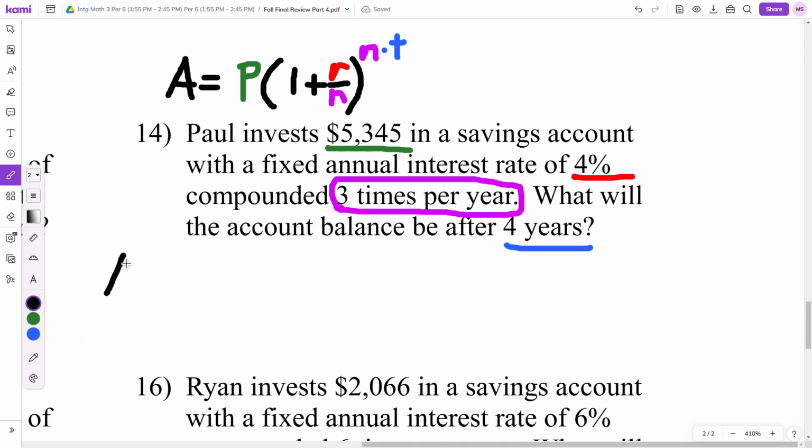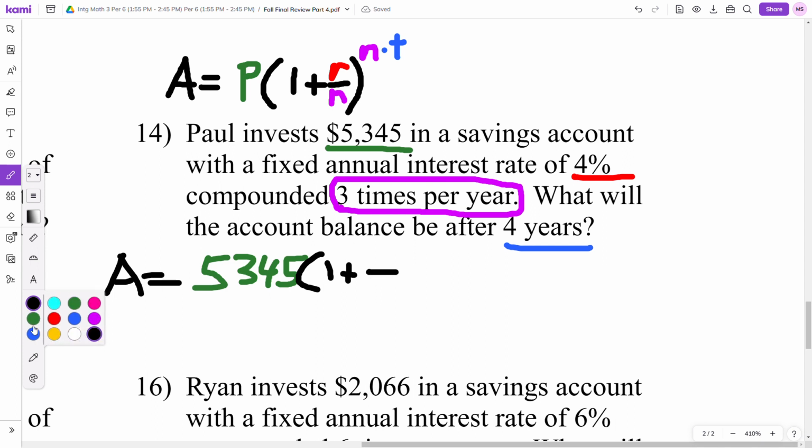We have A equals P, which is 5,345, times 1 plus R. R is, of course, 0.04 because it's 4% as a decimal. Just take 4 and divide it by 100 and get 0.04.